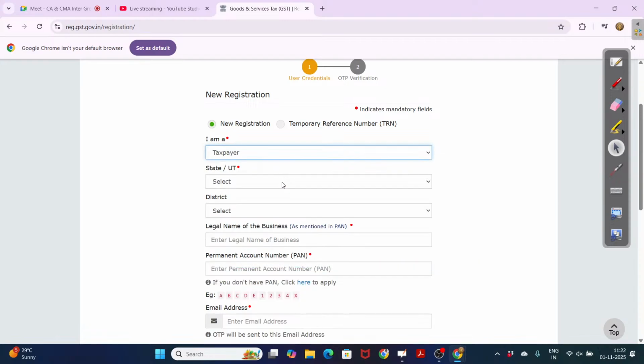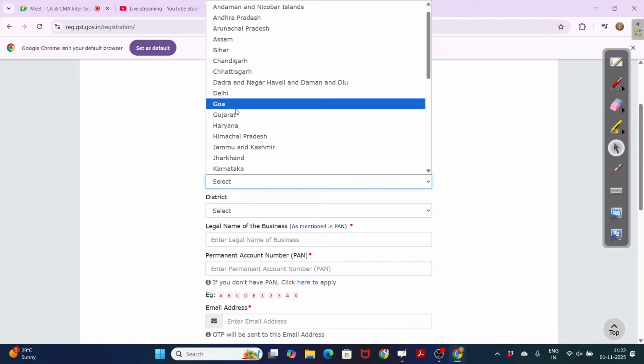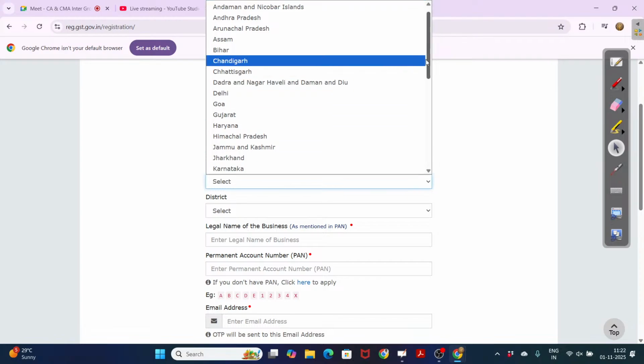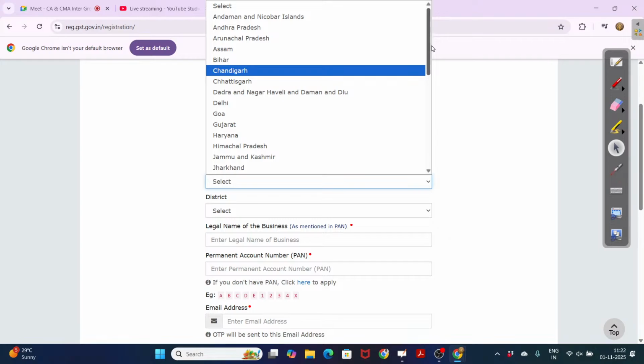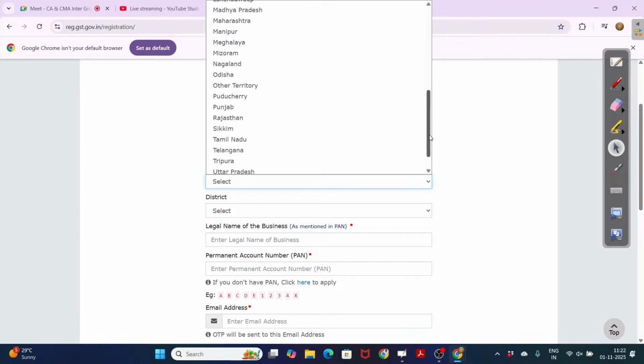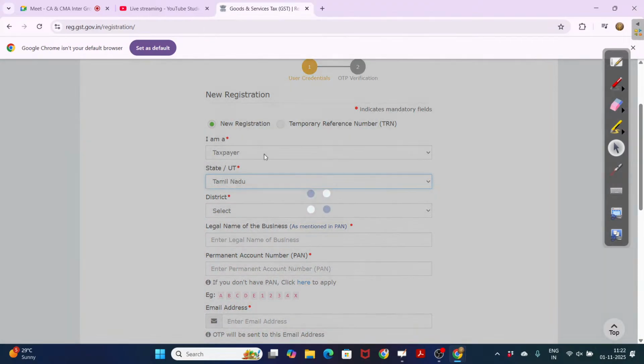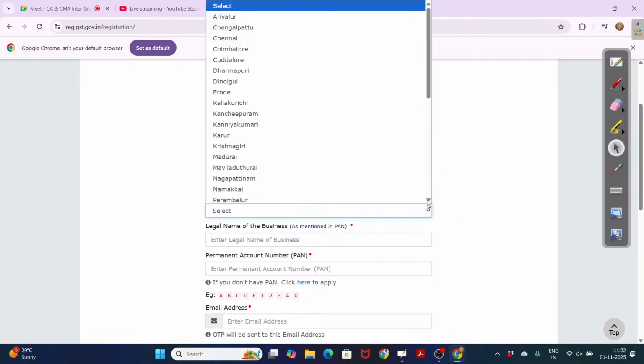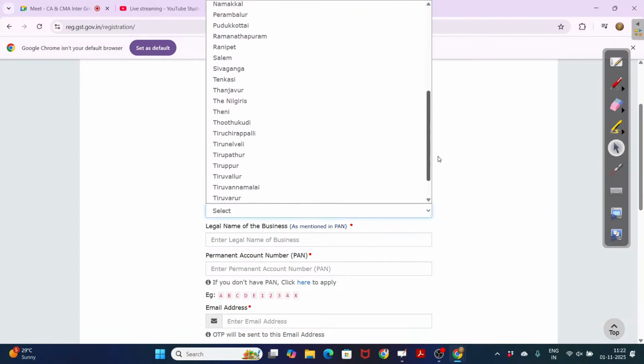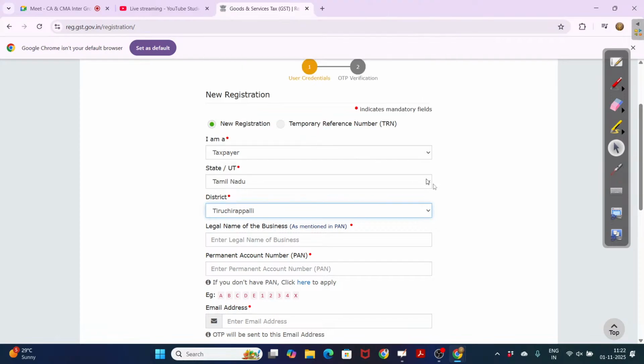If you are a taxpayer, in which state are you going to register? The state where you are operating is the place where you have to register. So Tamil Nadu. And district, you can choose your district, Tiruchirappalli. And you have to give your legal name as mentioned in PAN.